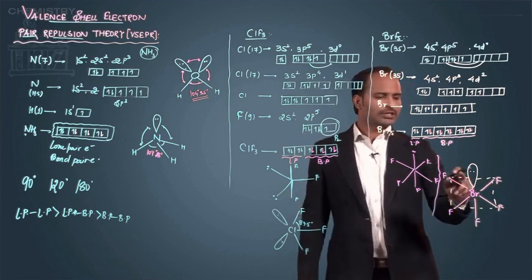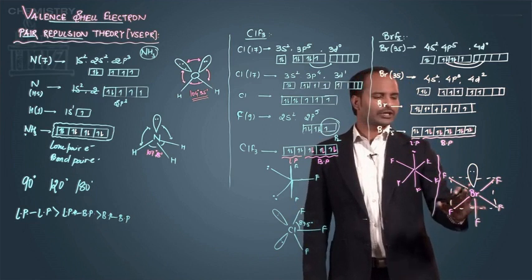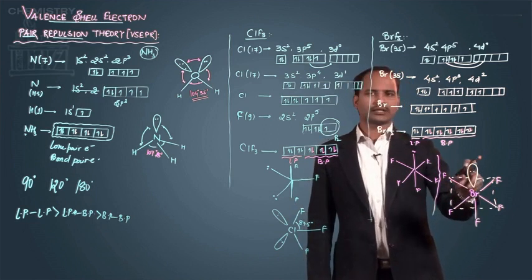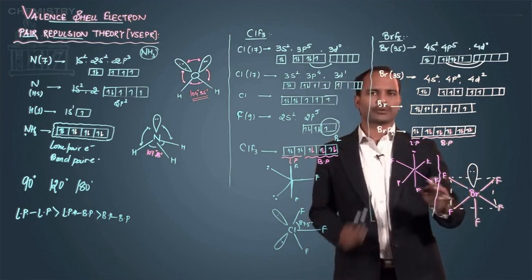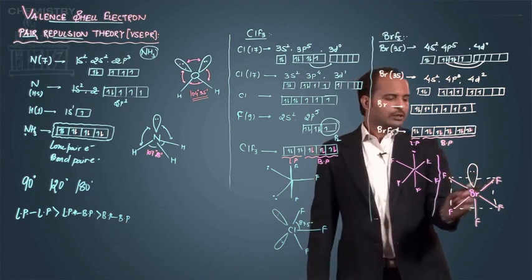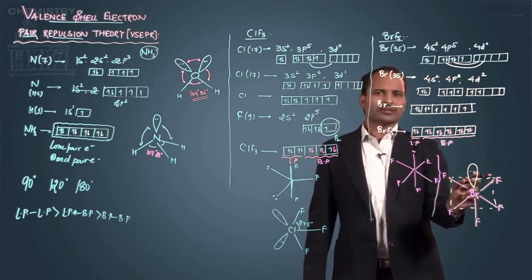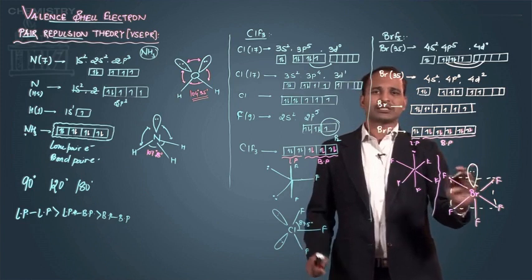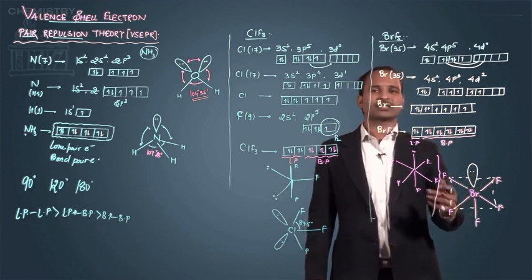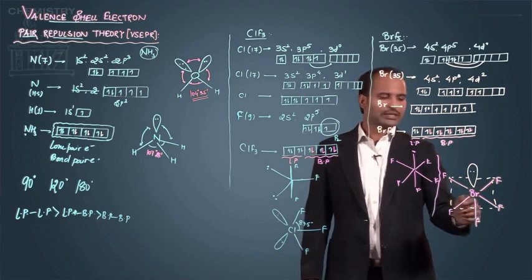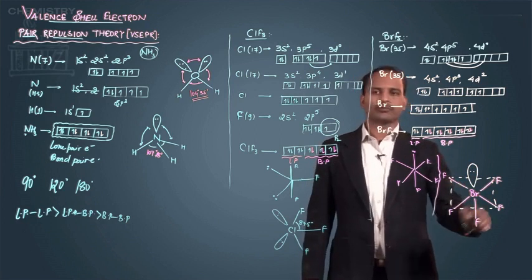So ultimately this is called the BrF5 molecule. The lone pair of electrons produces repulsion, and since there is no bond, it doesn't decide the shape, it just changes the angle. So it is going to be square pyramidal. That is, a square is the base, and if I join all the points, it will form a pyramidal shape.